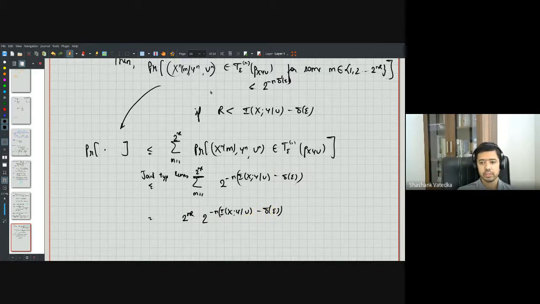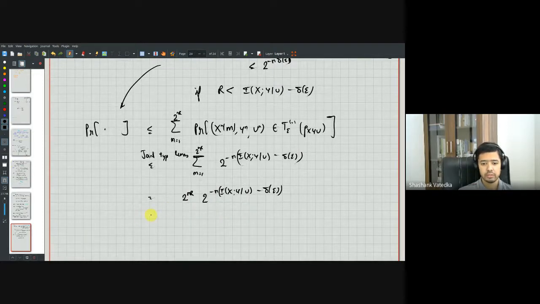So as long as R is less than this particular quantity, this is less than 2 to the minus n times some delta prime of epsilon, as long as the exponent is negative.